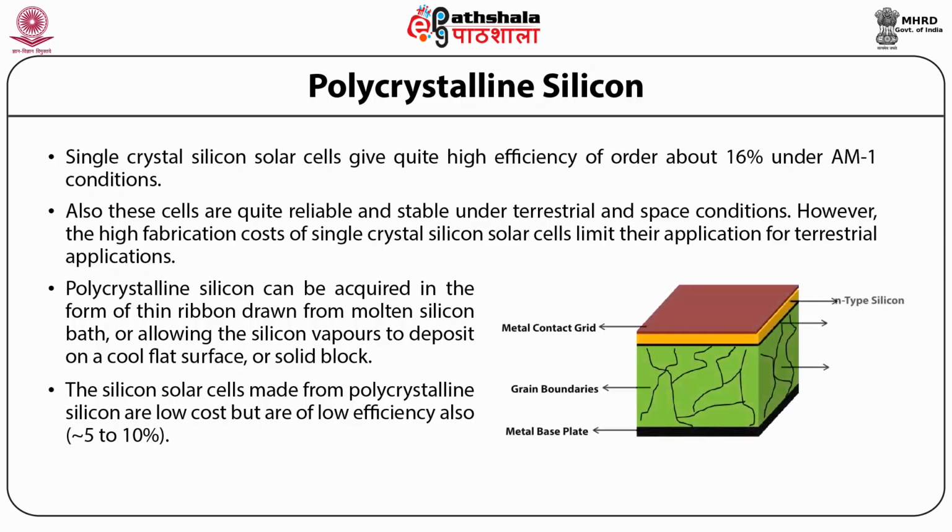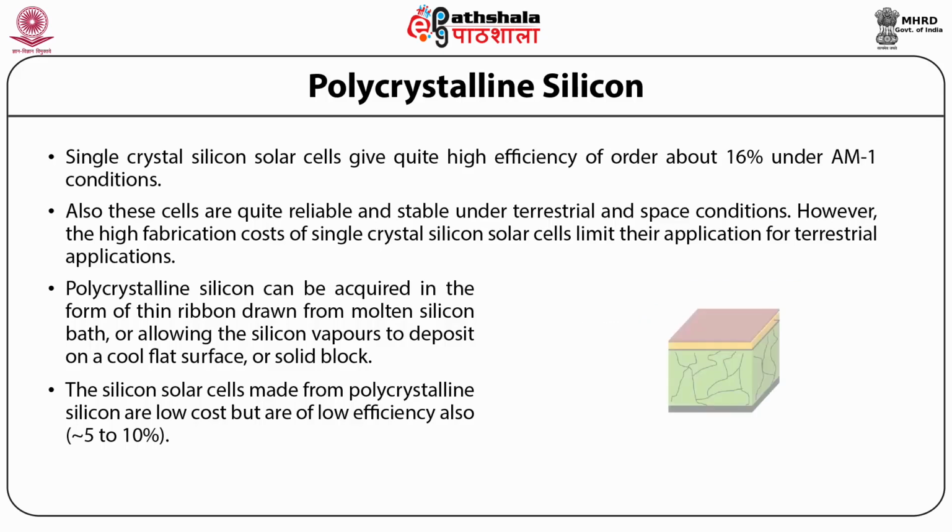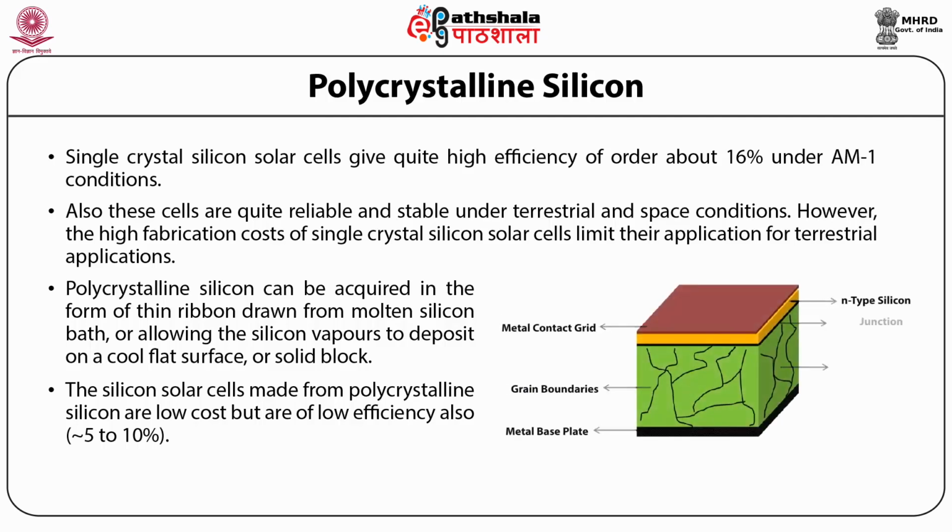There are three groups of solar cell structures which are prepared by using polycrystalline silicon. These cells are p-n junction cells, metal insulator semiconductor MIS cells, and conducting oxide insulator semiconductor cells.